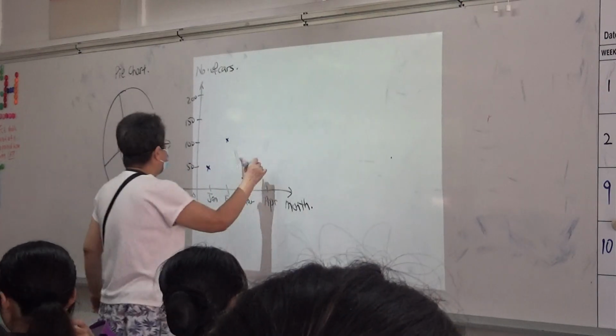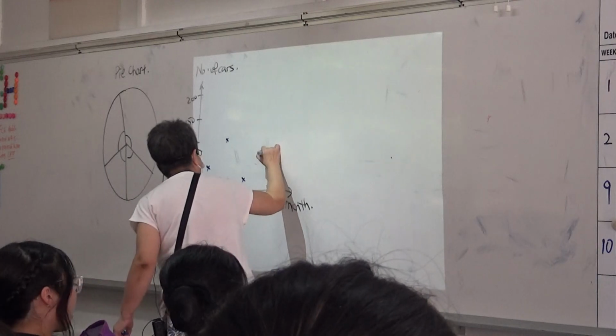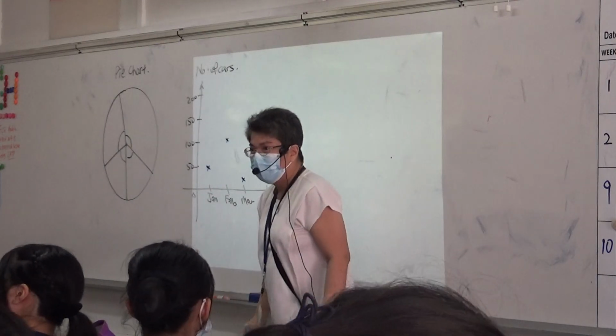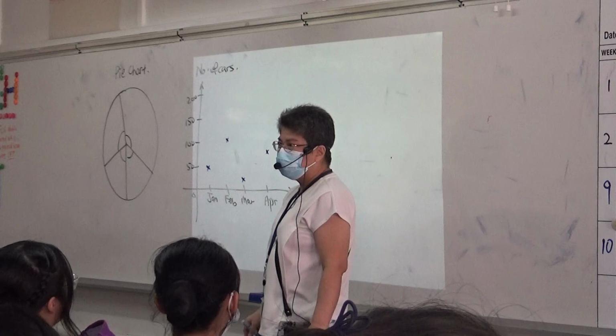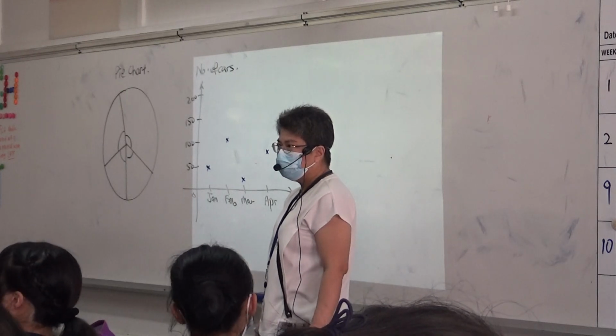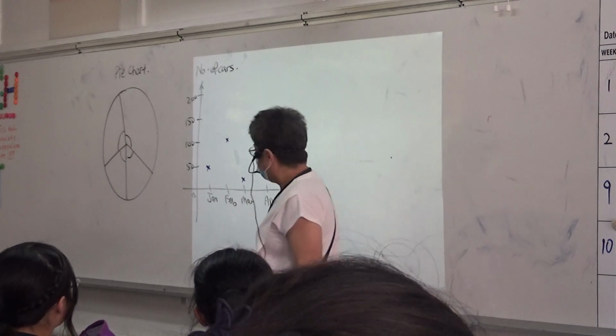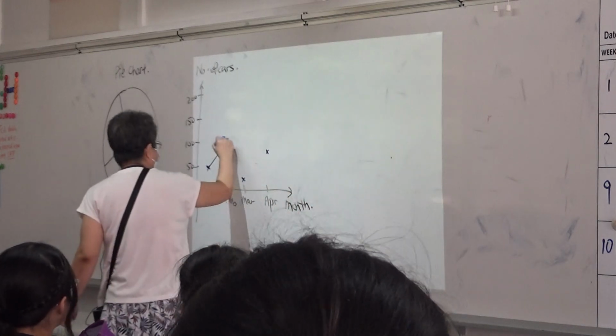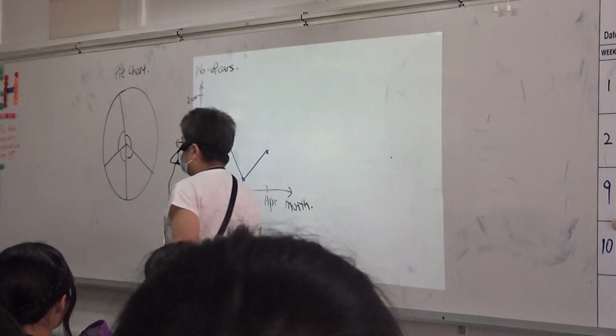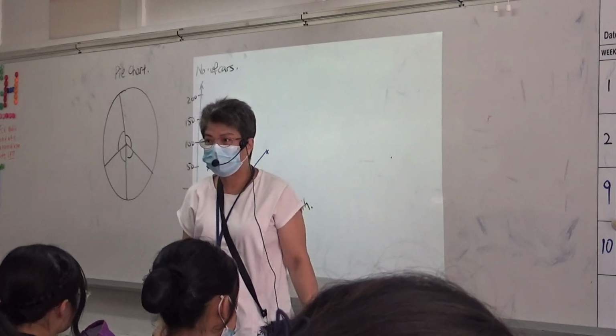Then in April, maybe they sell 75. So all these points are joined by line segments.